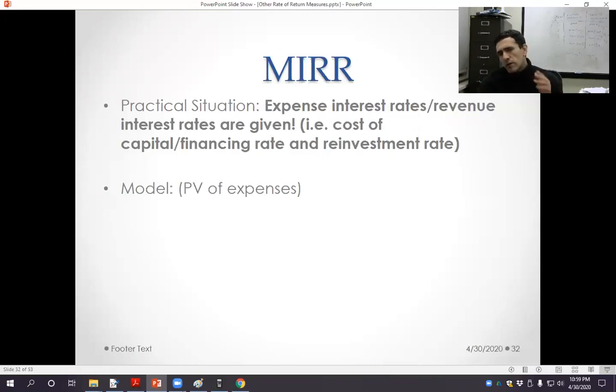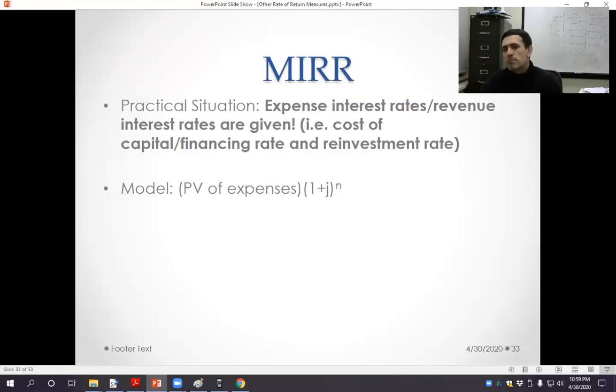So from that perspective, you have one expense, present value of expenses, that accrues n periods of interest at some internal rate of return, J, which we call the modified internal rate of return. Okay. Let's say the project lasts n periods.